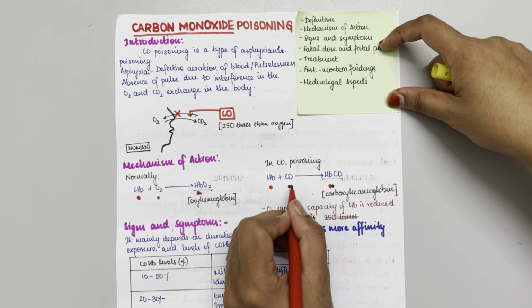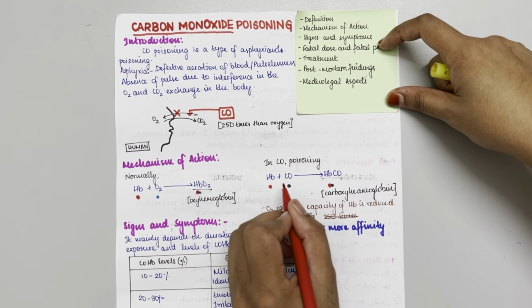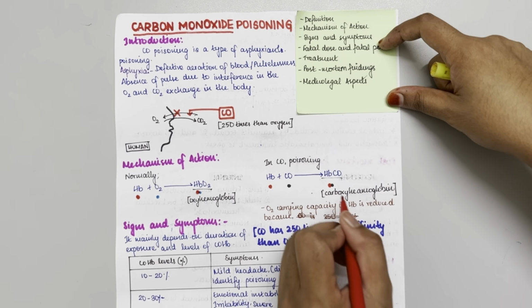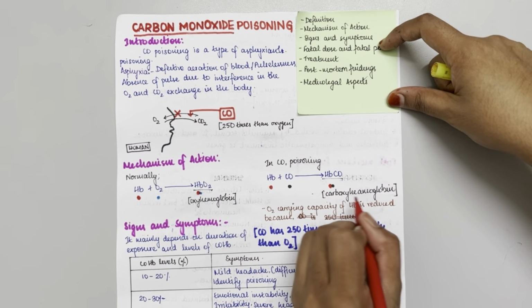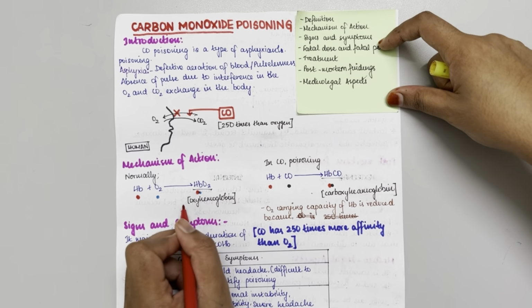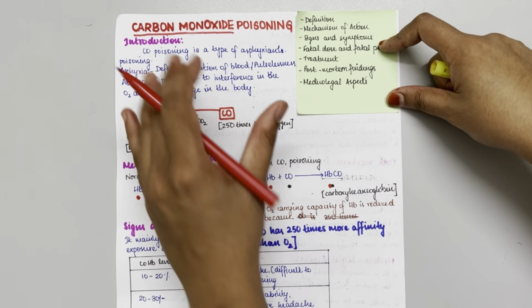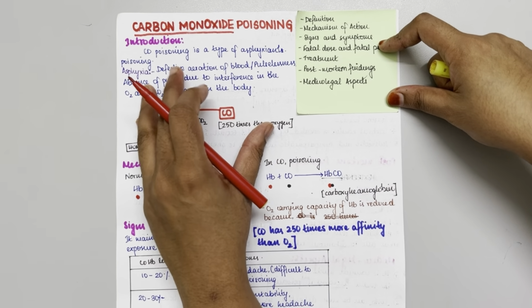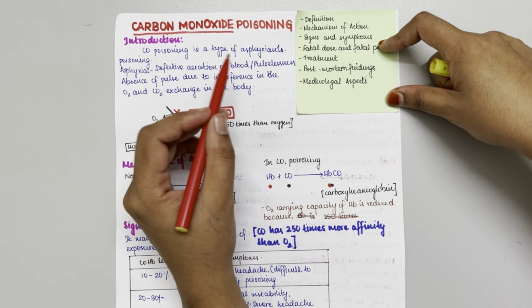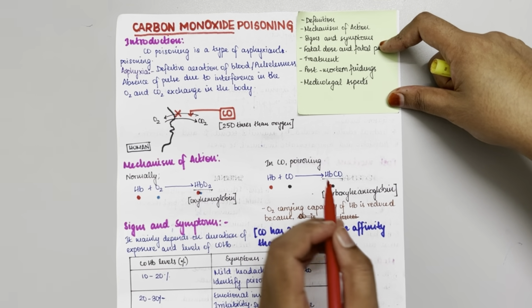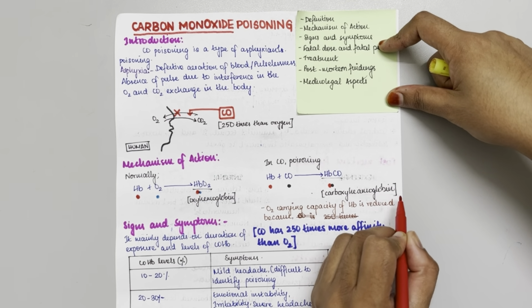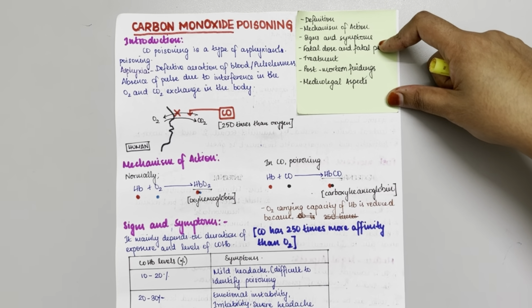That's why the carbon monoxide compound is formed along with hemoglobin. This compound is called carboxyhemoglobin. Normally oxyhemoglobin is formed in normal conditions, that is in our bodies, but when an environment has an excess amount of carbon monoxide, the compound which is formed is carboxyhemoglobin.